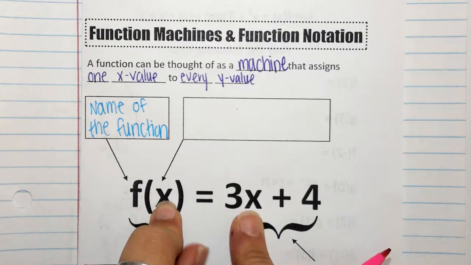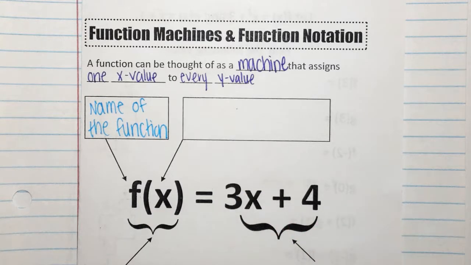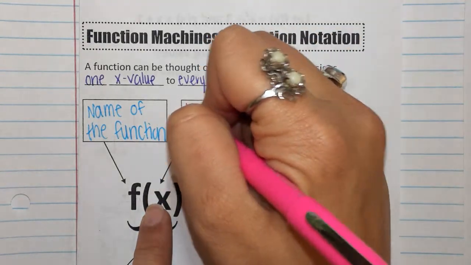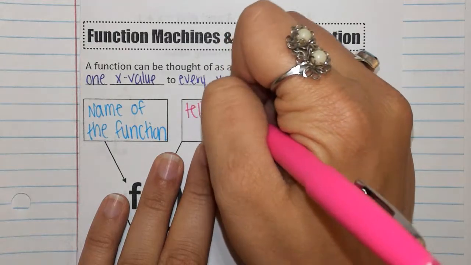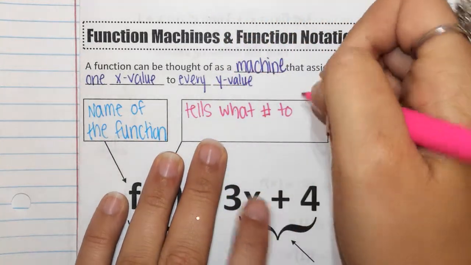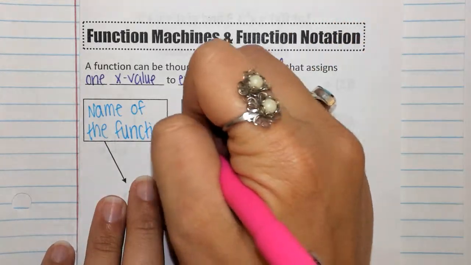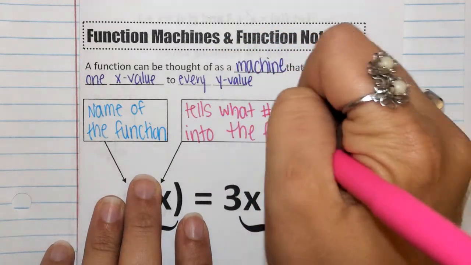Do you see how you have an x in parentheses and then an x over here? And we know that we plug in our x values. So this x tells what number to plug into the function.